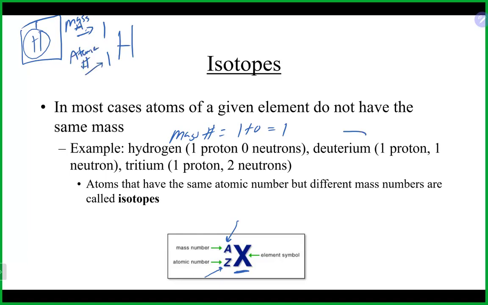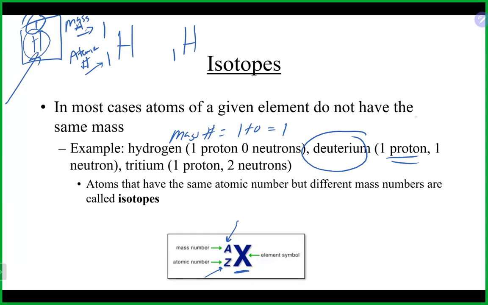Now we get to something like deuterium, and that really doesn't scream hydrogen to you, that name, does it? So it doesn't really sound like hydrogen. But if you were told it has one proton, I know from the periodic table, the only one that has one proton is actually hydrogen. So that is still hydrogen. And we would still use the hydrogen symbol. And I know it has still one proton, which means it should have an atomic number of 1 on the bottom left.